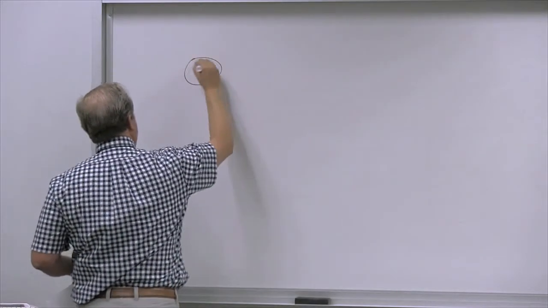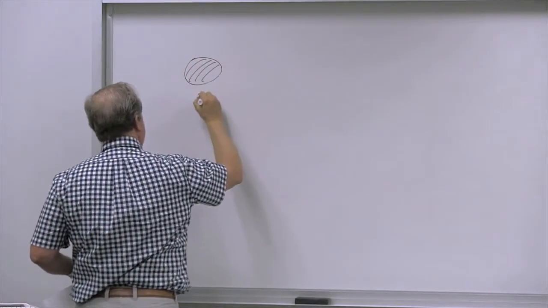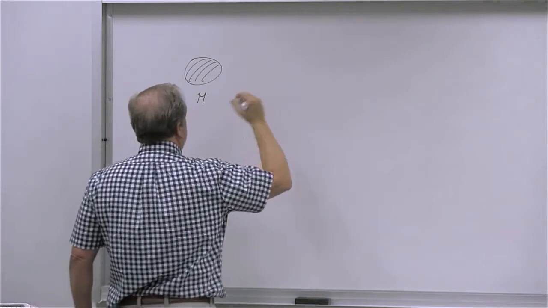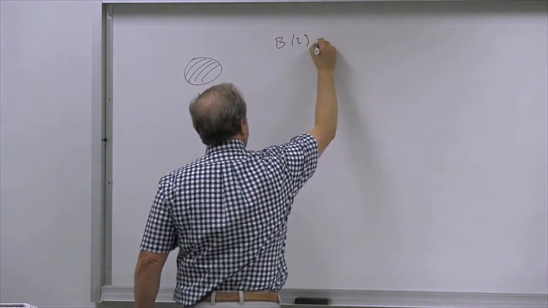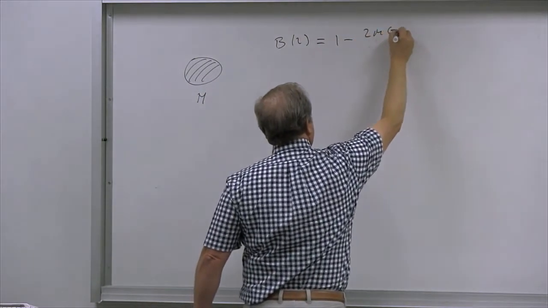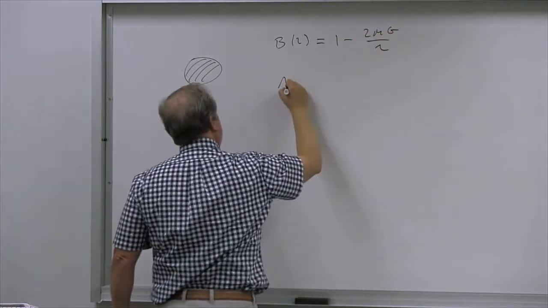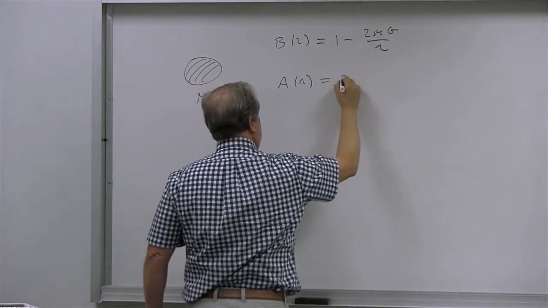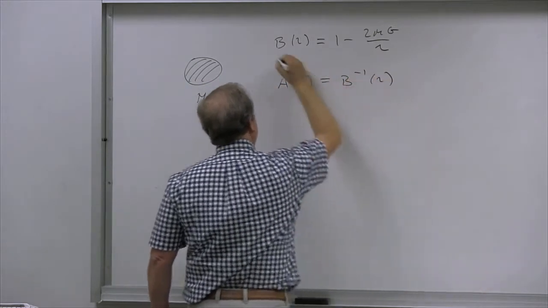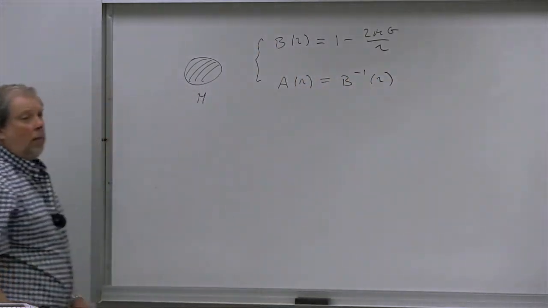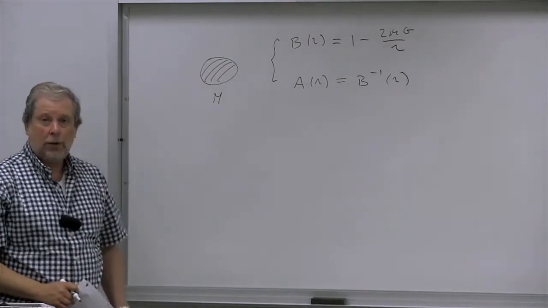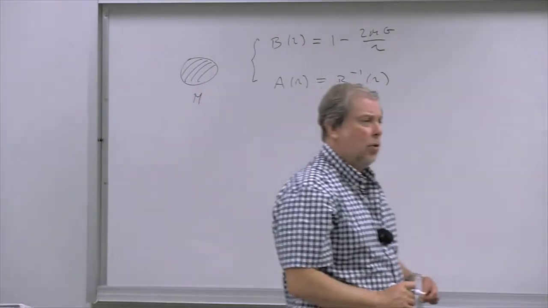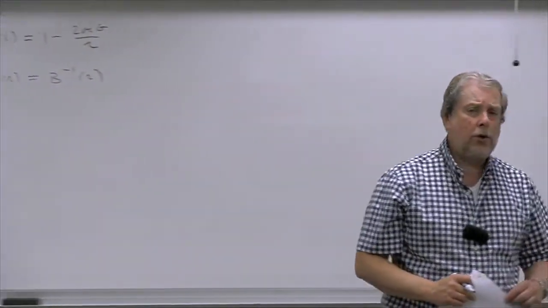And so we do know what the metric looks like if you have a very massive compact object of mass m, described by B of r, which is 1 minus 2mG over r, and A of r, which is B to the minus 1 of r. And this will apply as long as this object is very compact and very small, so that it's essentially just some sort of point source at the origin.